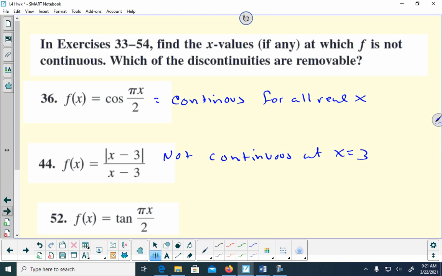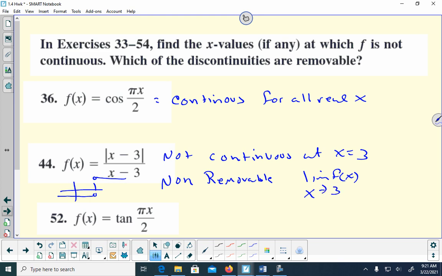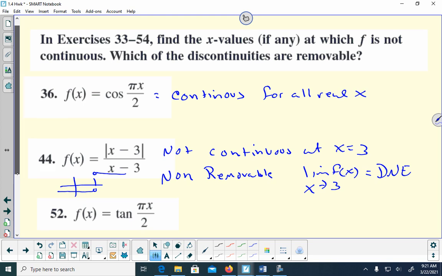I wrote removable, but it is non-removable. If I remember correctly, as I approach 3 from the left, it's going to be -1. As I approach from the right, it's going to be +1. So that is a non-removable discontinuity, because the limit of f of x as x approaches 3 does not exist: from the left it's equal to -1, from the right it's equal to +1.